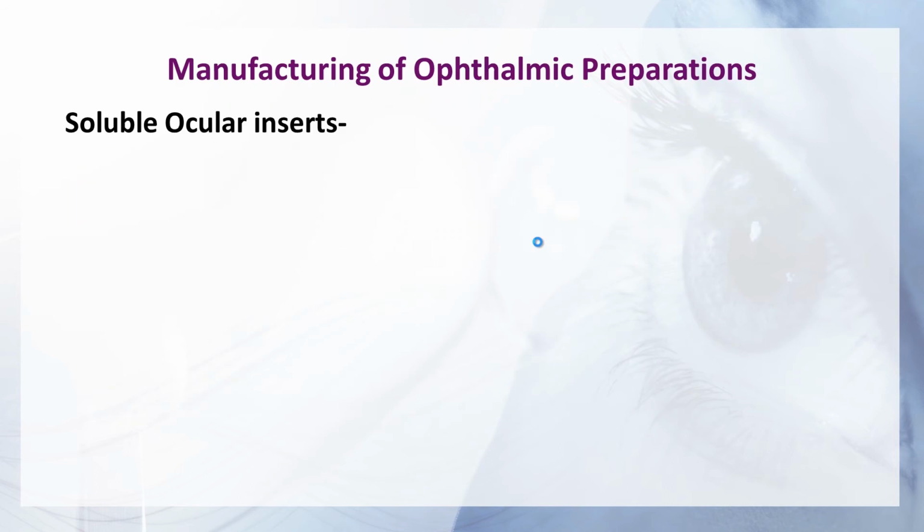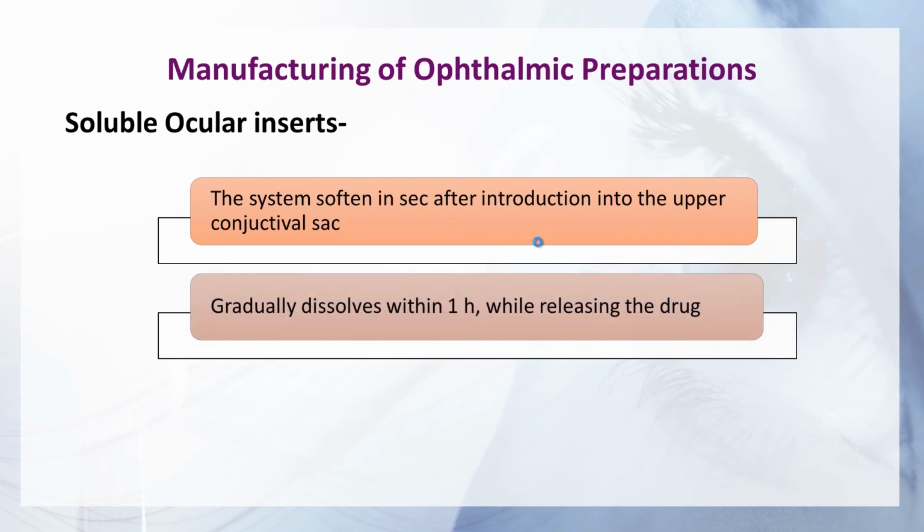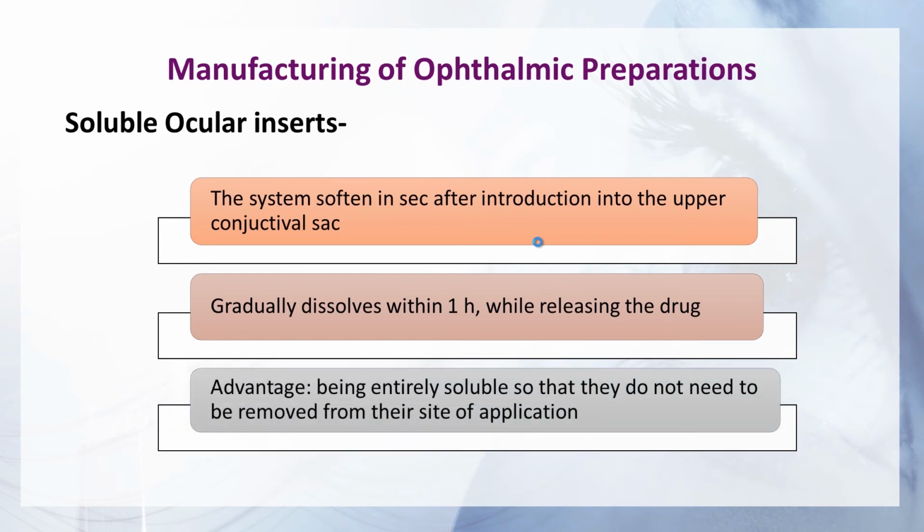Soluble ocular inserts soften in seconds after introduction into the upper conjunctival sac and gradually dissolve in 1 hour while releasing the drug. What are the advantages? Being entirely soluble, they do not need to be removed from the site of application.